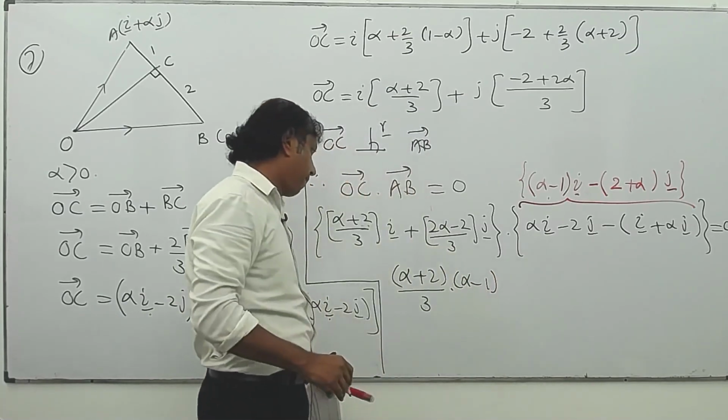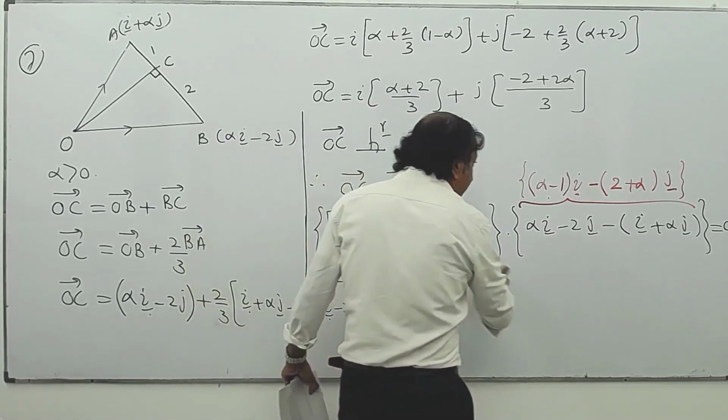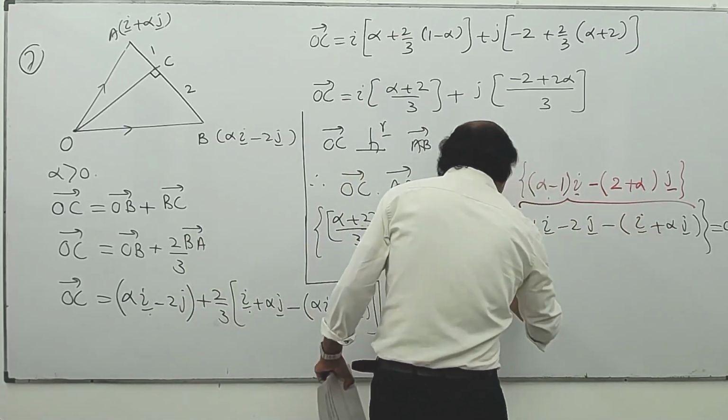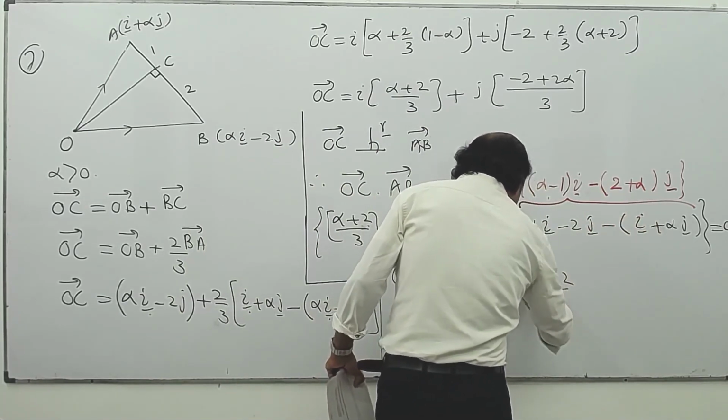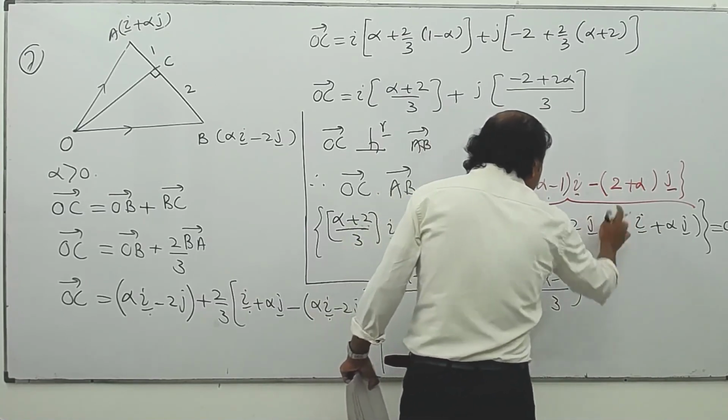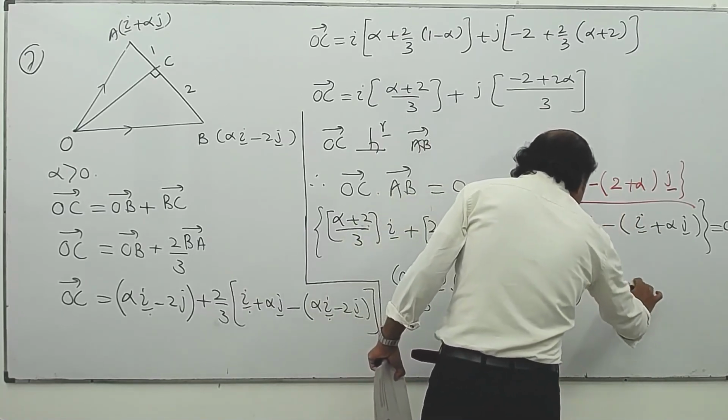And the j coefficient, this and this: 2 alpha minus 2 by 3, this into this, minus alpha plus 2 should be equal to 0.